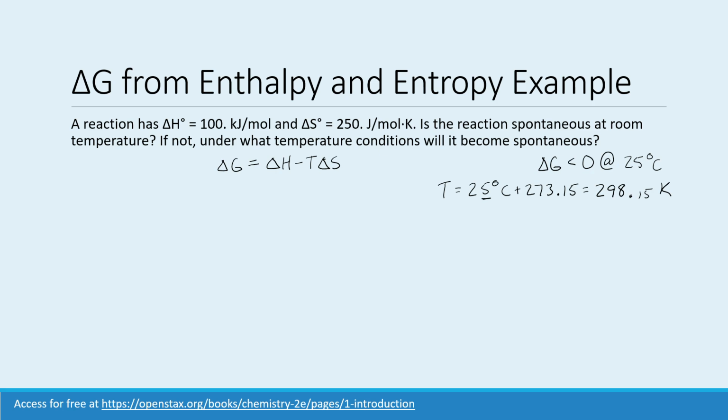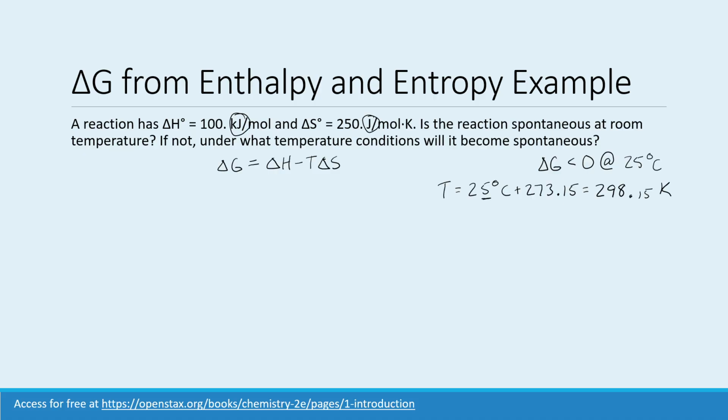Okay, now the big thing about when you're dealing with delta H and delta S values is that you have to notice that your enthalpy, delta H, is going to be in kilojoules, and your entropy, delta S, is going to be in joules. So you're constantly going to have to switch one of those two, and I think it's easiest to switch the delta S typically and look at delta G values in kilojoules.